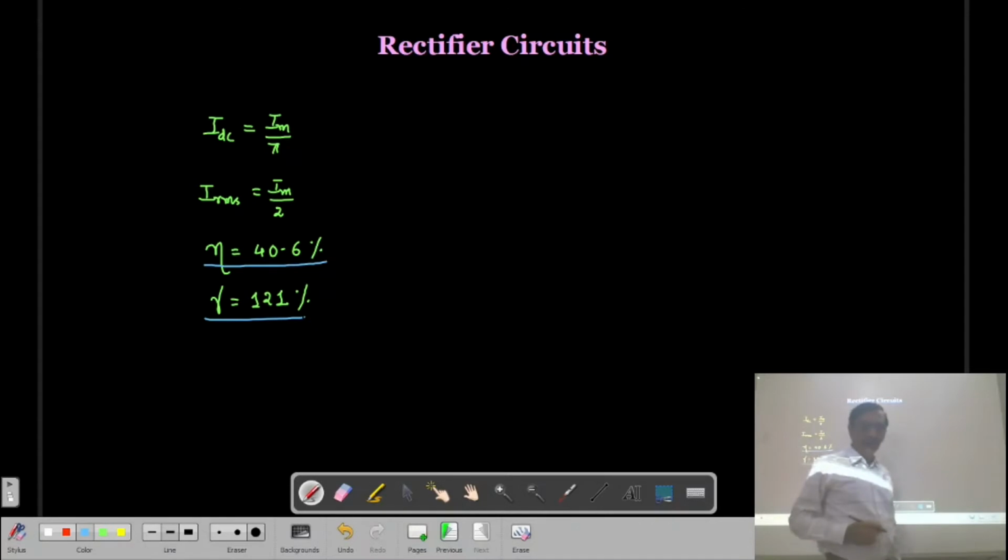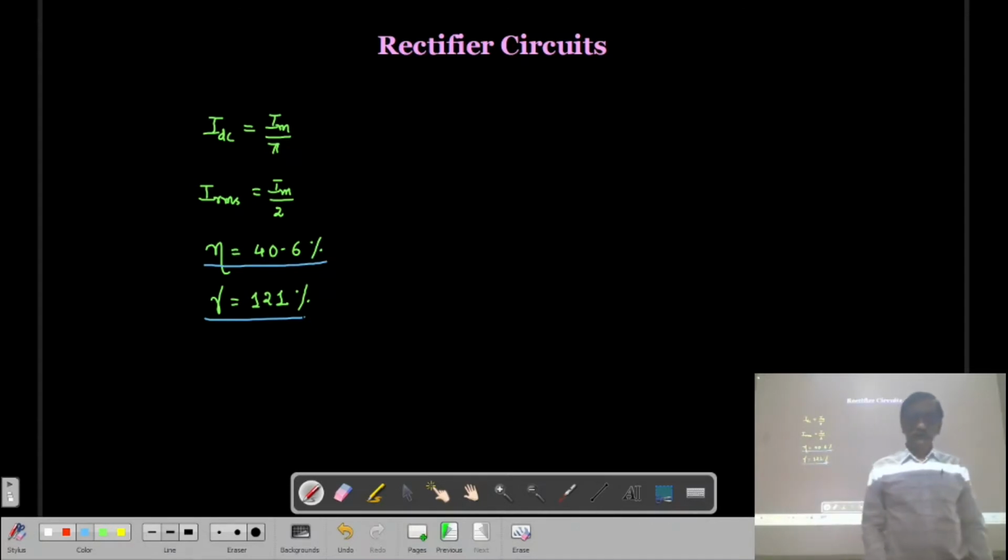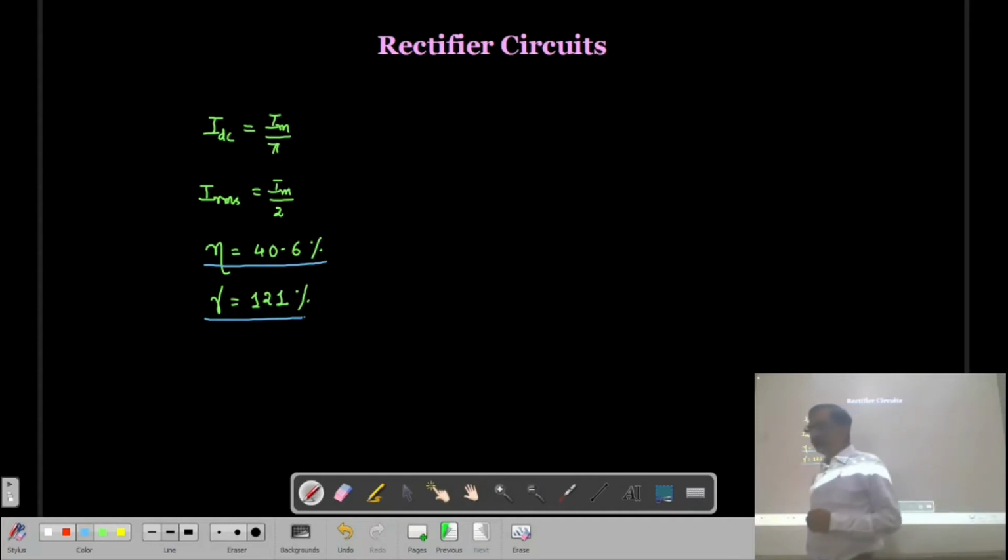As already mentioned, the ripple factor gives the comparison between the amplitude of the AC component and the DC component. A ripple factor of 121% indicates that the amplitude of the AC component is 121% higher than the DC component.